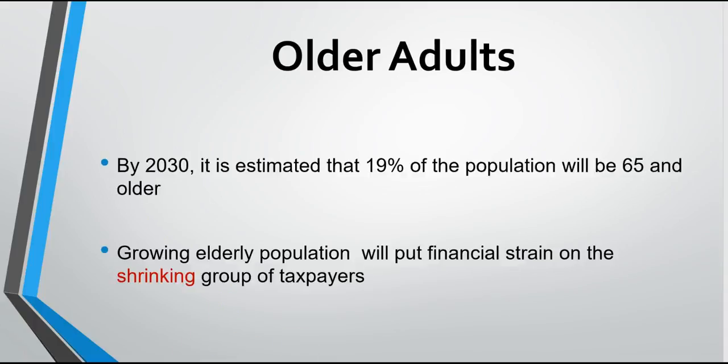Now, the estimated amount for the year 2030 is that it will increase to about 19%. And this is the age group of 65 and older. So the growing elderly population will put a financial strain on the shrinking group of taxpayers.